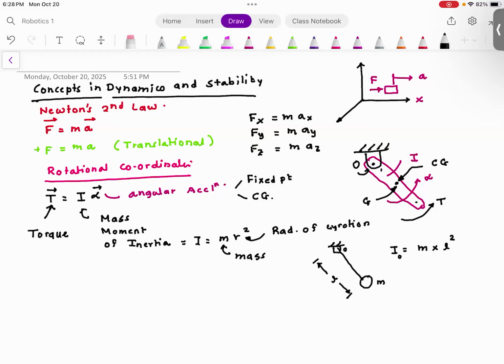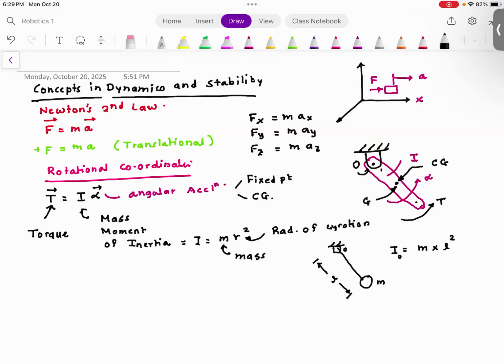If you have a small mass far away, the moment of inertia is going to be large. Now, I want you to think about something extremely important, and this is a very practical insight.